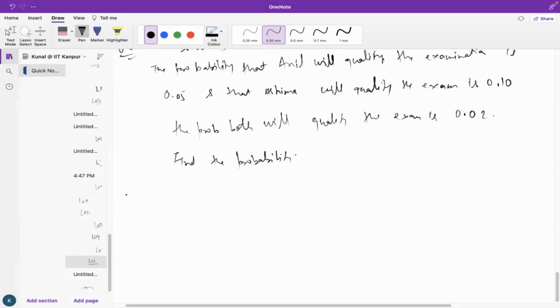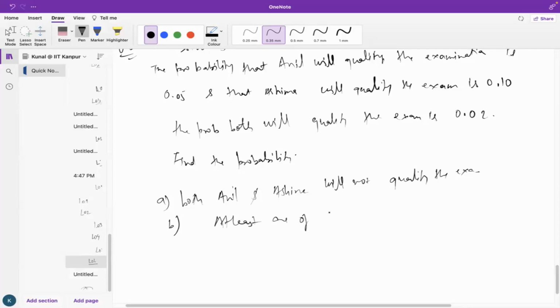That both Anil and Asima will not qualify the exam. And the second thing that we have to find is that at least one of them will not qualify the exam.